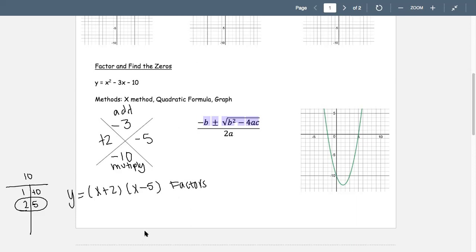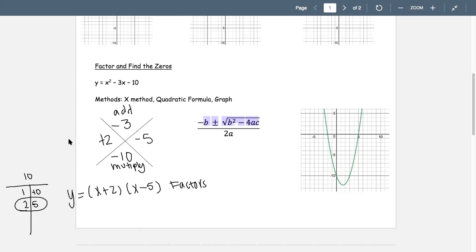Look back at your notes from last class. You solve for x.